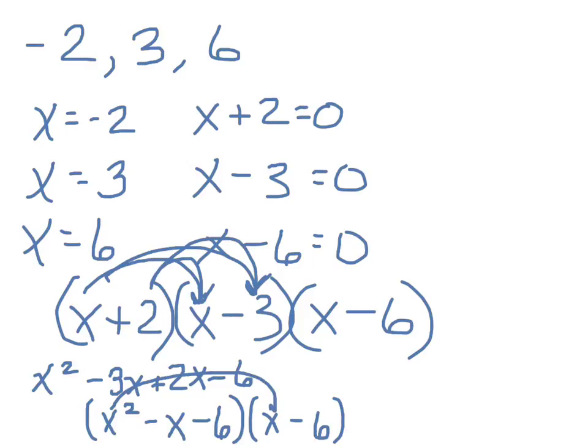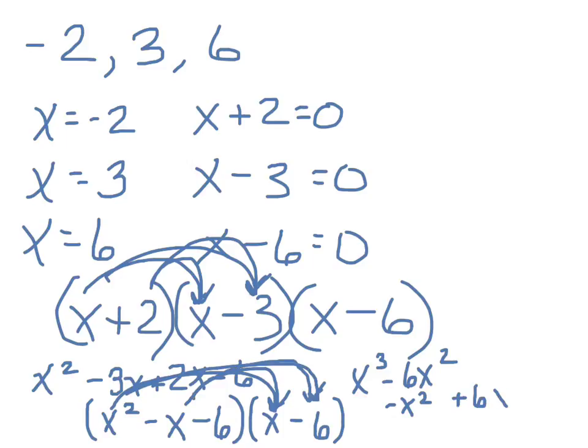What's x squared times x? X cubed. X squared times negative 6: negative 6x squared. Good. What's negative x times x? Negative x squared. Awesome. Negative x times negative 6: plus 6x.